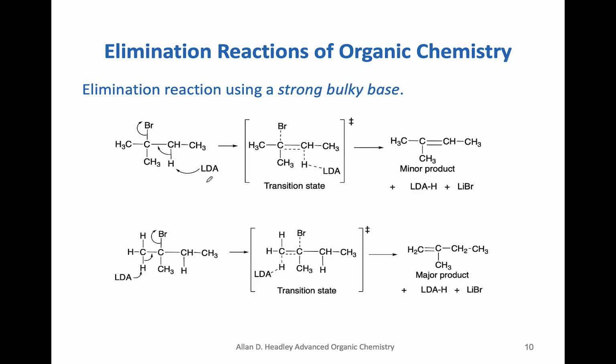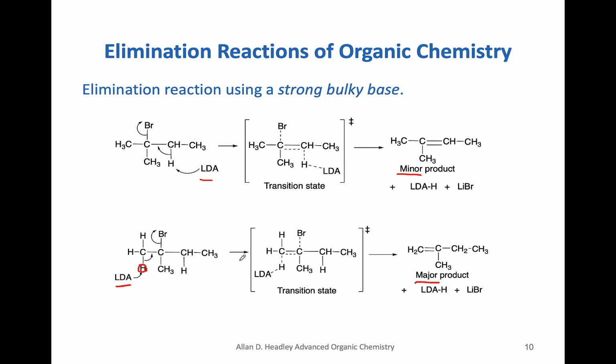On the other hand, if we're using a large base such as LDA, it can abstract this hydrogen even though it's very crowded in the transition state, but that now becomes the minor product. If we use the LDA, it can abstract a hydrogen from this carbon because they are more accessible to a bulky base, forming the double bond here, transition state, and now this would be the major product.